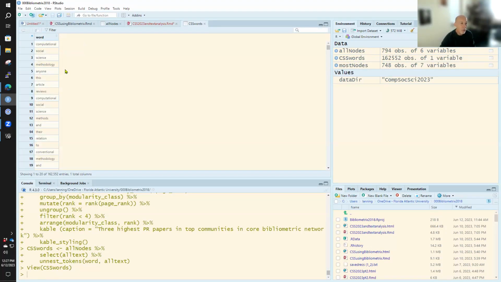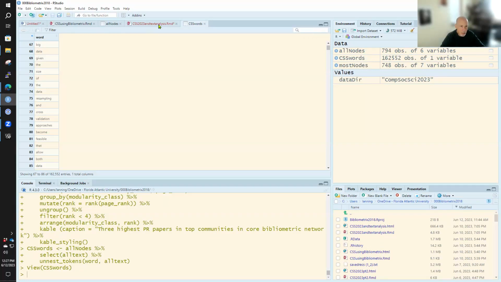And that vector of words includes the title, computational social science methodology, followed by the abstract, this article reviews, etc., all the way through our fields: title, abstract, keywords, for all the papers.